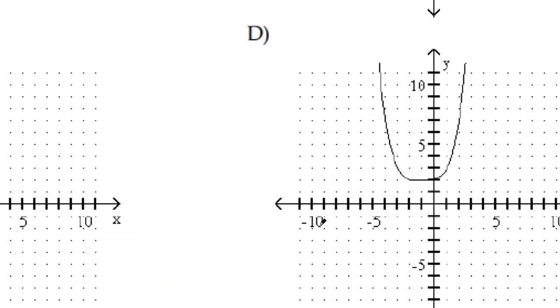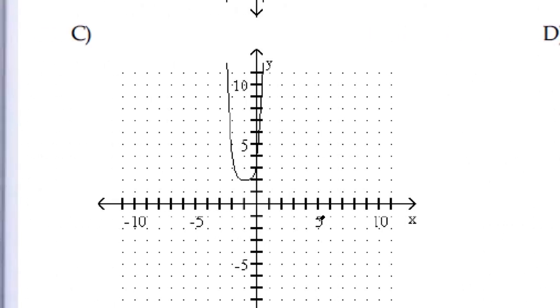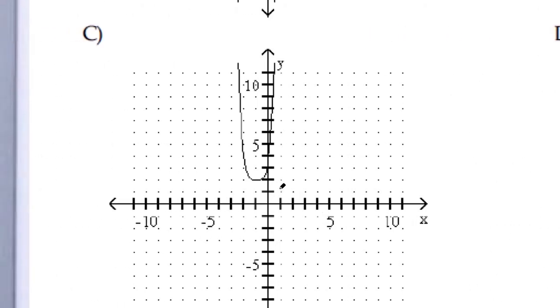All right, let's look at graph C and see where it's crossing. Well, again, we have 1, 2, 3. We can see that graph C appears to be crossing at 3, maybe a little more, maybe even 4, but definitely not crossing at 2.5.